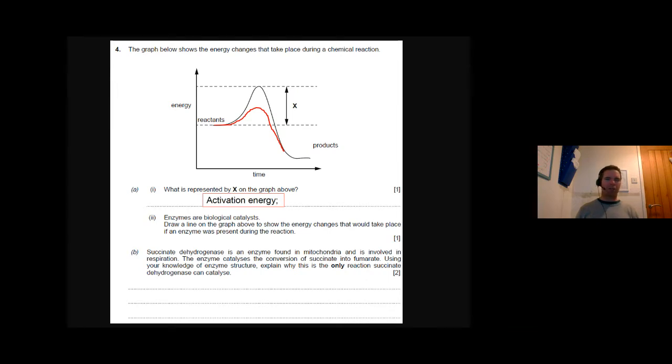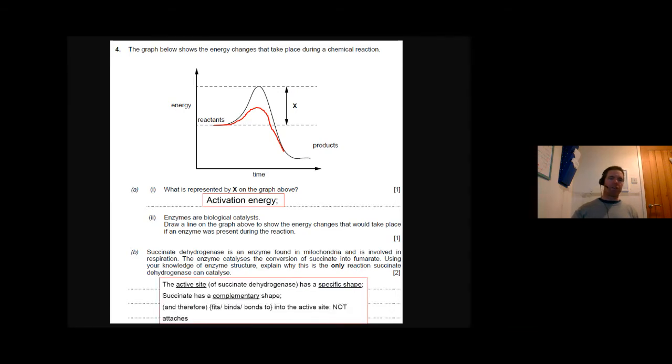There's 2 marks, so we know we're not going to just be able to say specific, we're going to have to give detail. So let's look at what it's got here. It says that the active site has a specific shape and succinate has a complementary shape to that active site. And it says therefore it fits or binds or bonds into the active site.